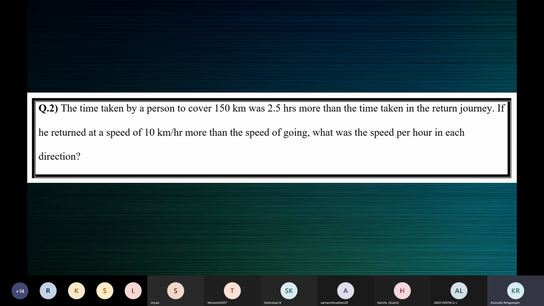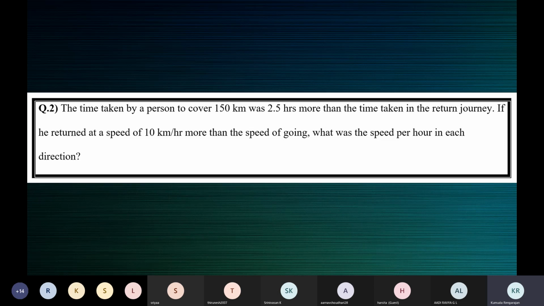I want you to do this now because the calculation is not difficult, but you'll have to be careful. So let's make two cases: one is the onward journey and the other is the return journey. Please write distance, or you can make two columns. Onward journey, distance 150.